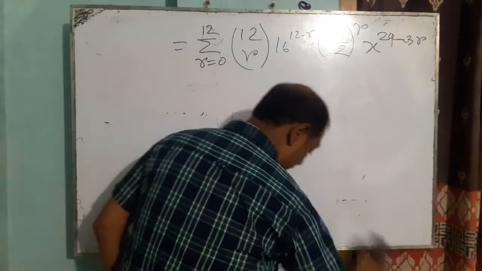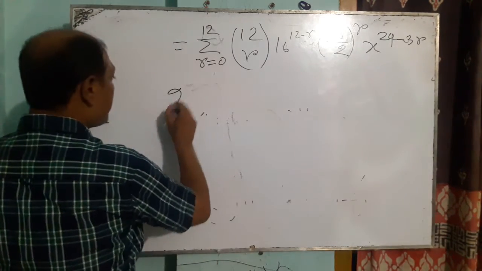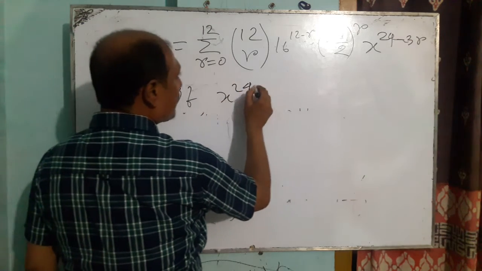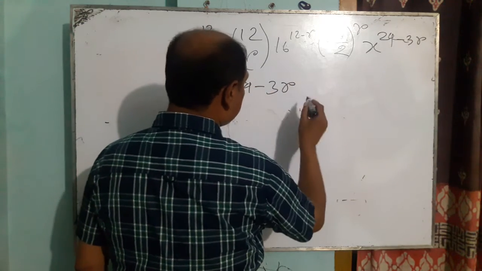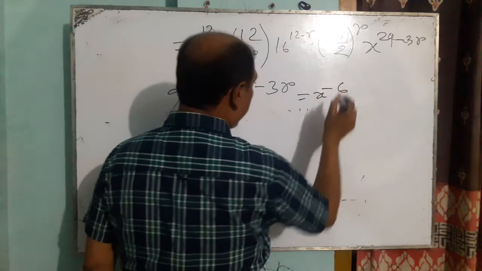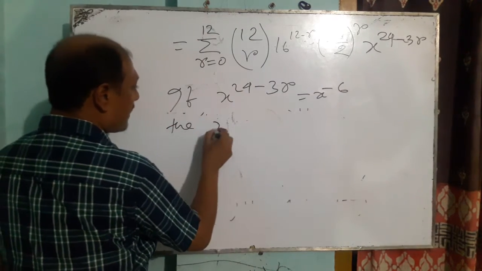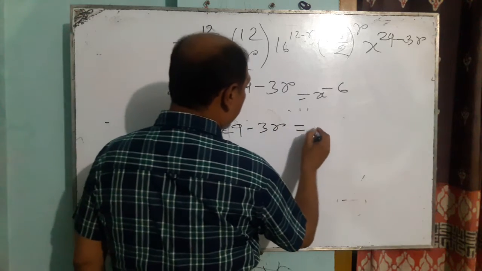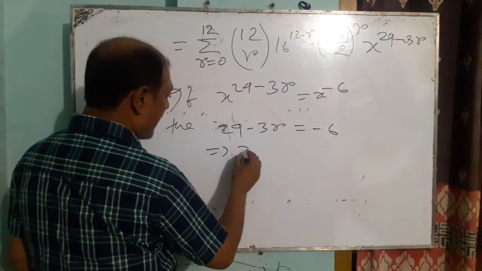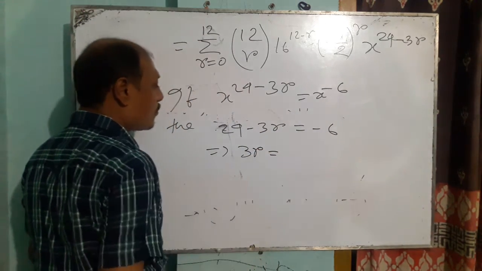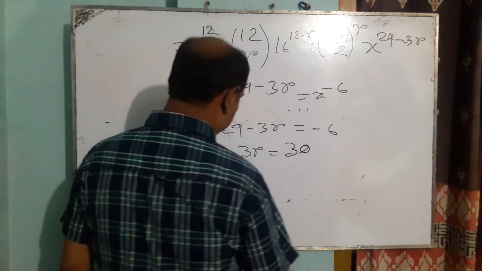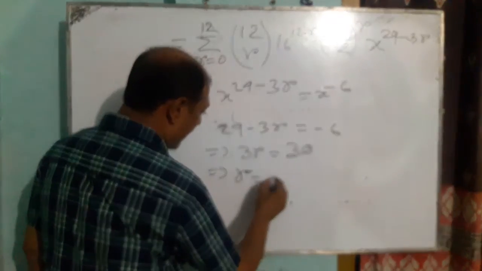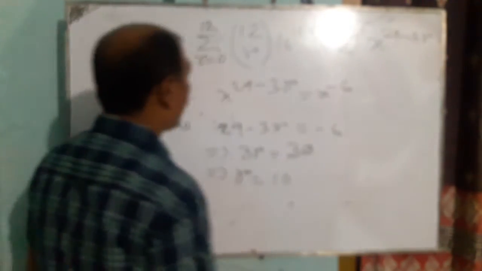If x to the power 24 minus 3r is equal to x to the power minus 6, then 24 minus 3r equal to minus 6, that is 3r equal to 30, implies that r equal to 10.